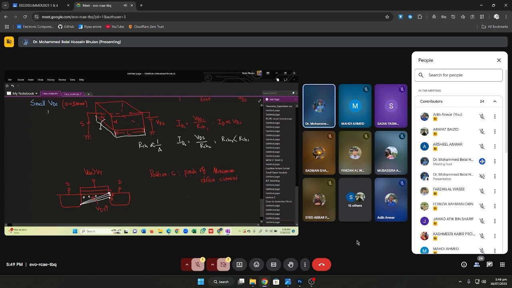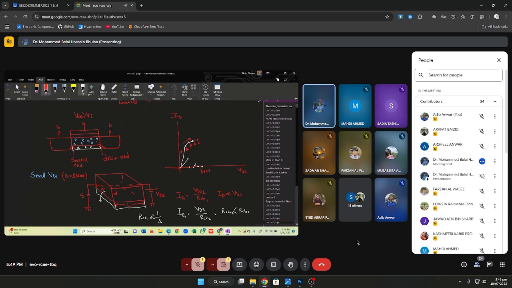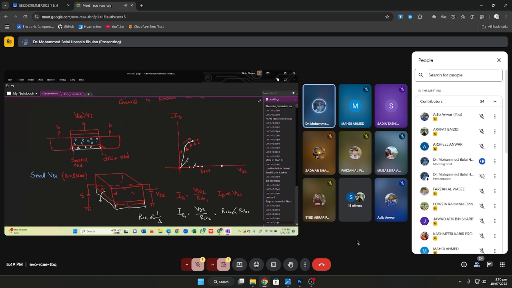Now the question is, can I increase VDS even more? Of course. Let's say I increase VDS to this value. Then what would be the current?